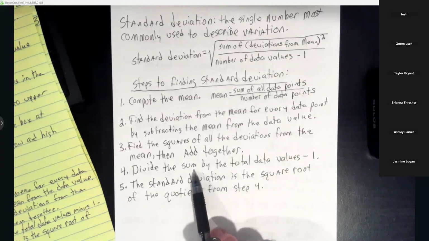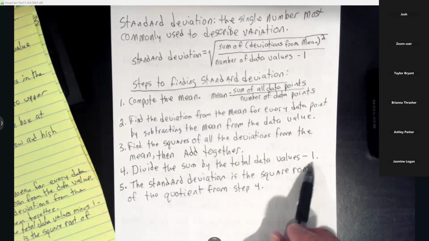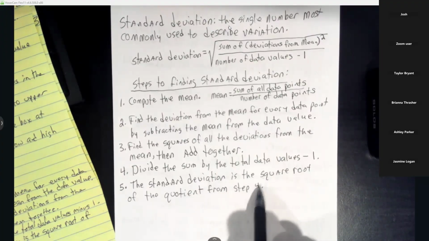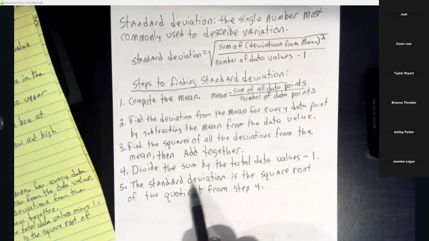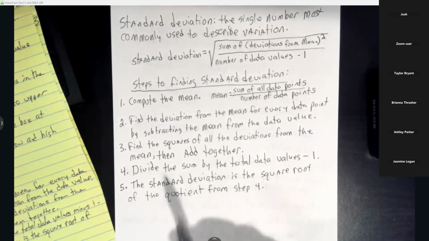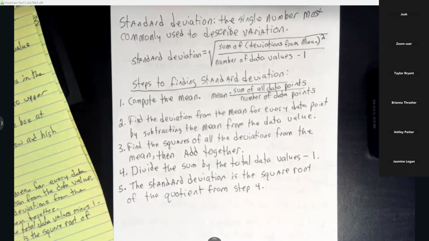Okay, so whatever I got when I divided the sum by the total data values minus 1, I'll then take a square root of that number, and that'll give me my standard deviation. So the standard deviation tells us the average deviation of each point from that average, okay?